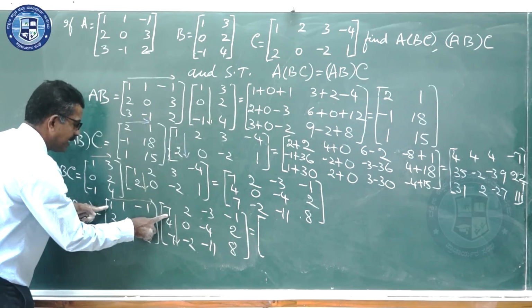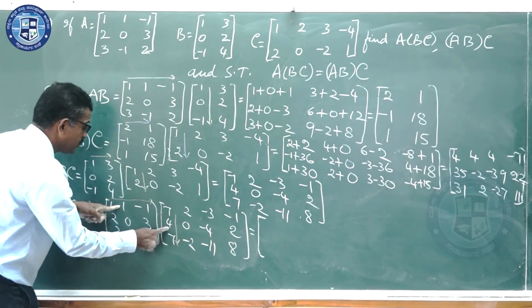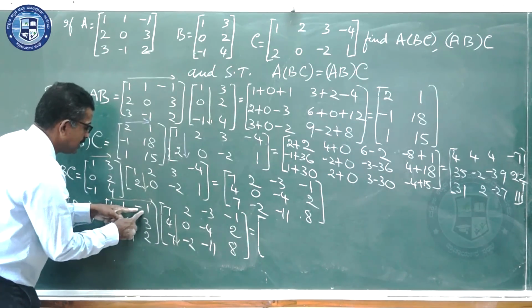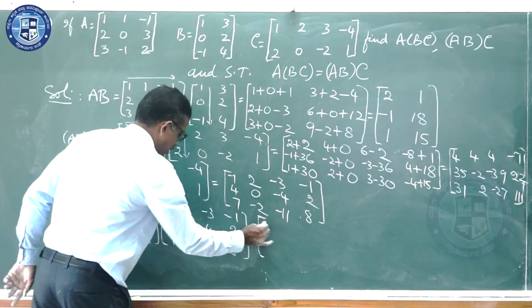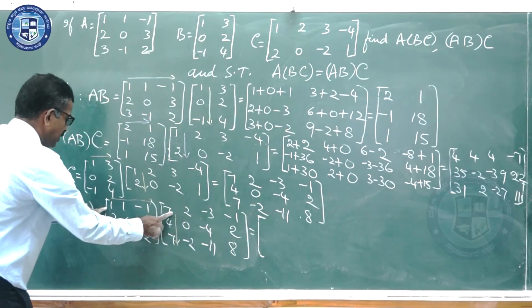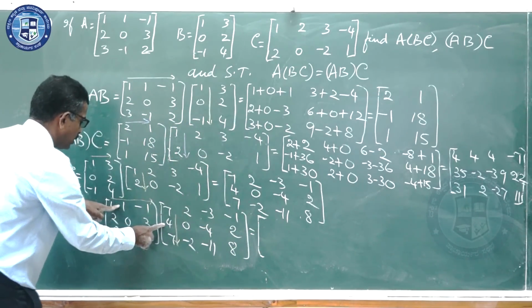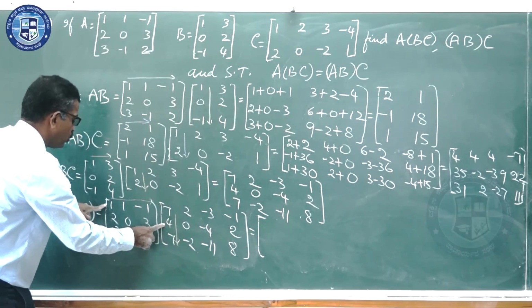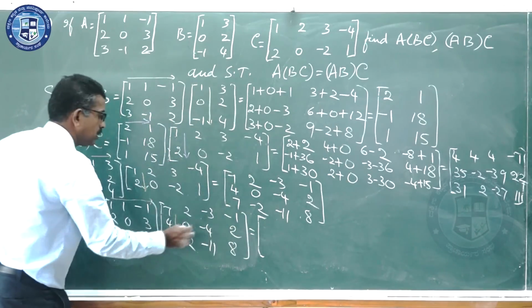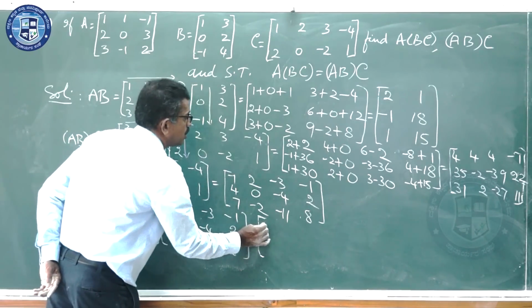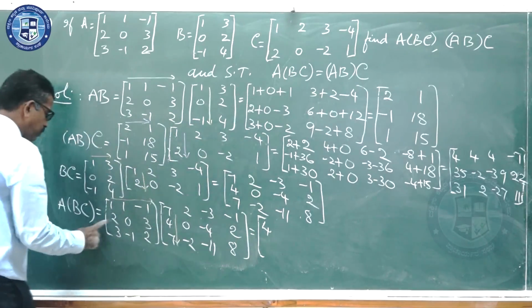1 ones are 7. 7 plus 4, it is 13. 13 minus 7. So what is 13 minus 7? Sorry, just here 7 plus 4. 7 plus 4, it is 11. 11 minus 7, it will be 4. Okay.